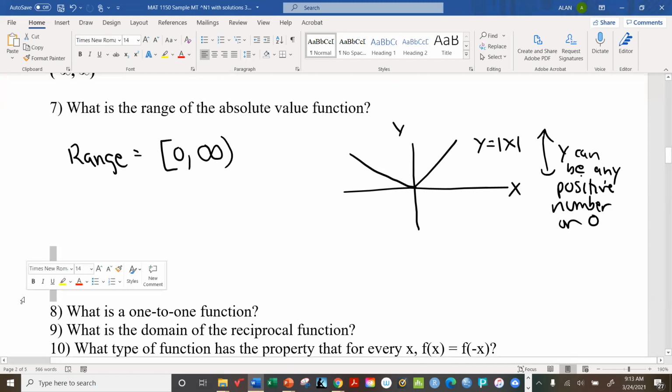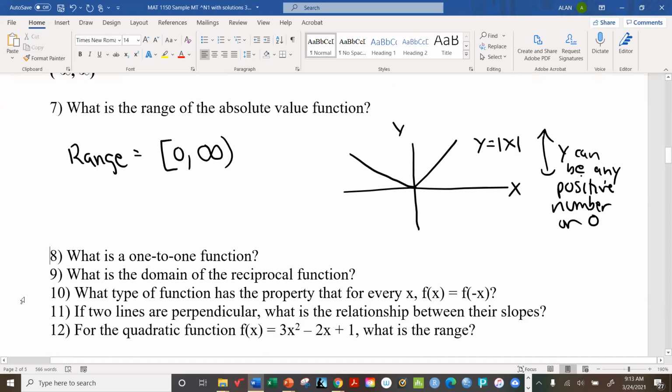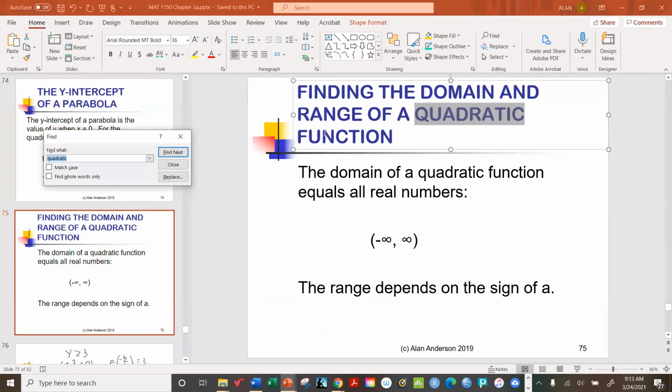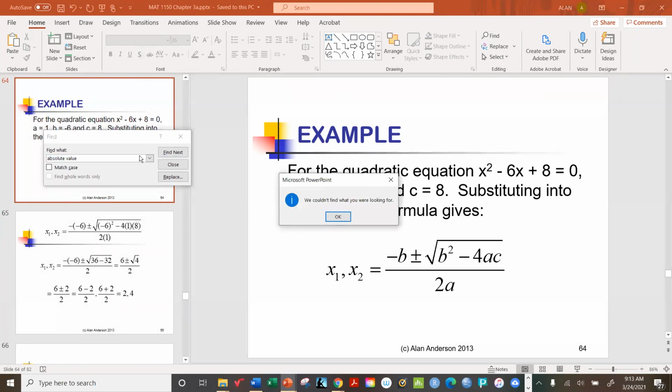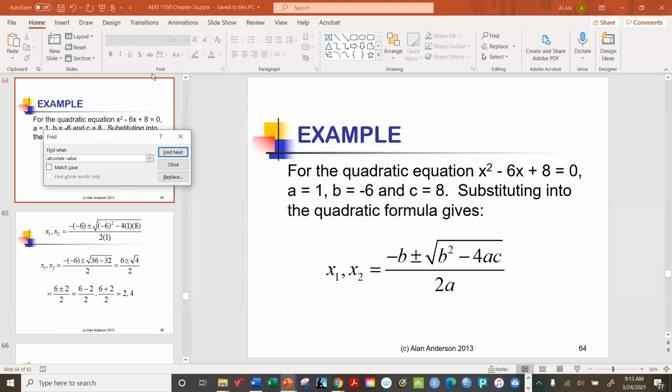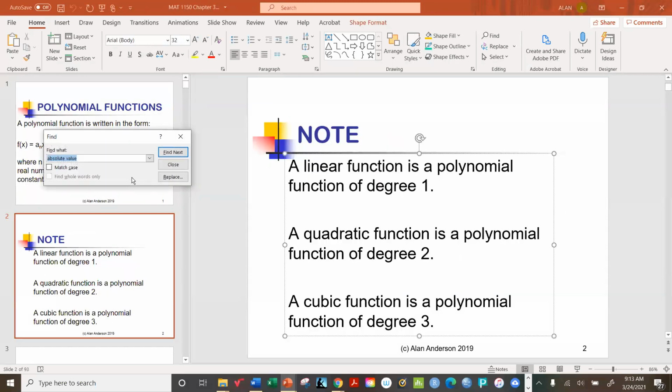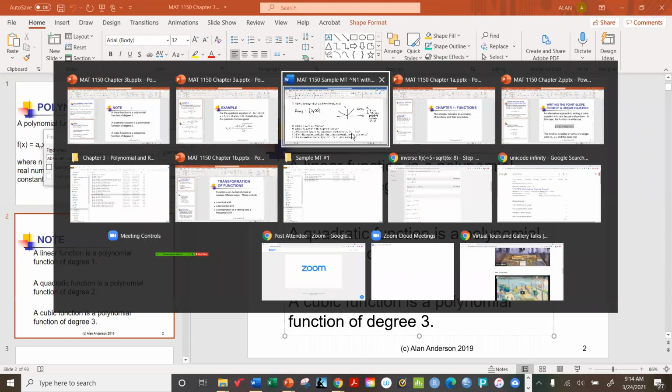Now, if you want to review this one, I think that may have shown up in, let's find out. This is 3A. No, this must have shown up earlier, like maybe chapter 2.